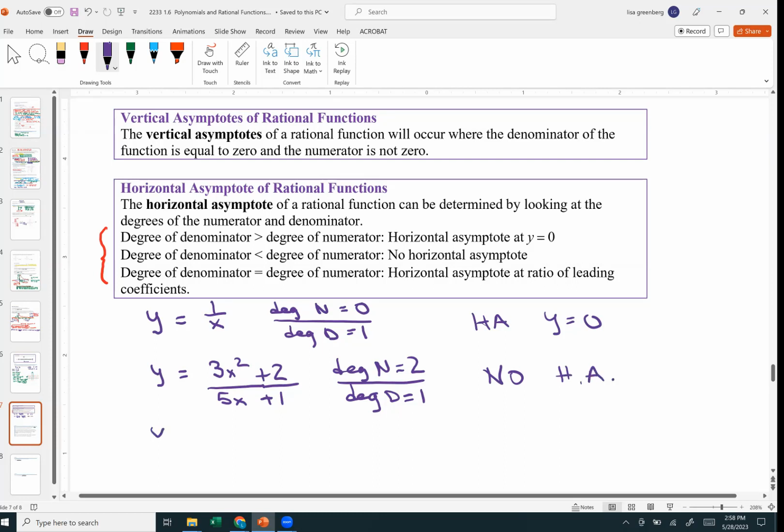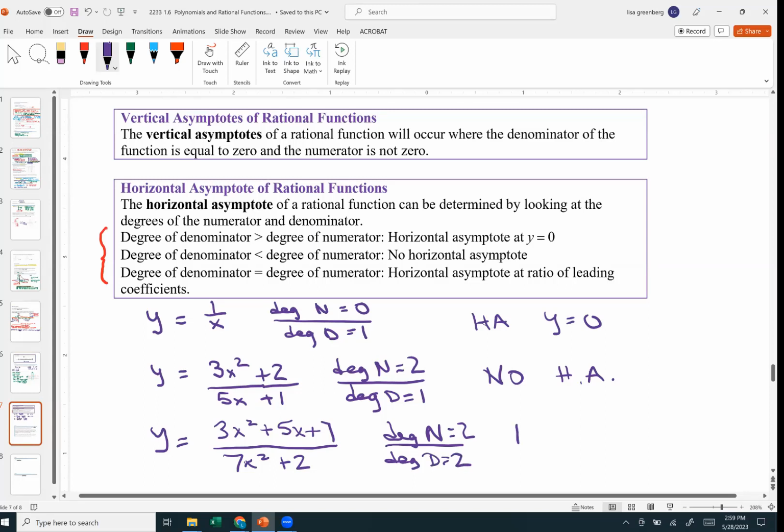And last, if they're equal. Let's say we have 3x squared plus 5x plus 7 divided by 7x squared plus 2. Well, now we have the degree of the numerator is equal to 2, and the degree of the denominator is equal to 2.